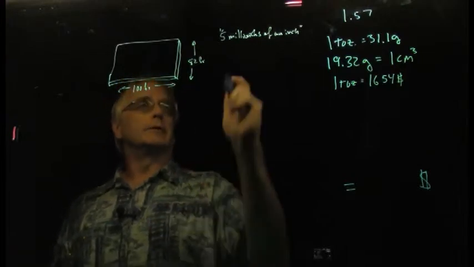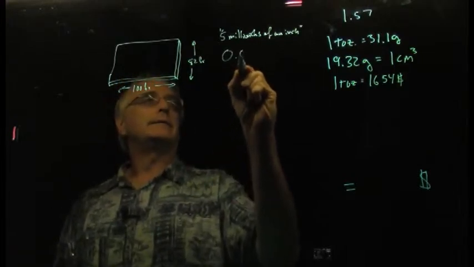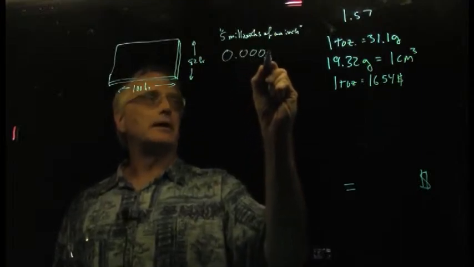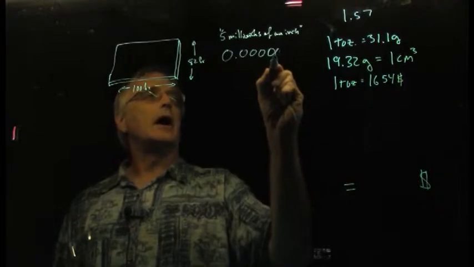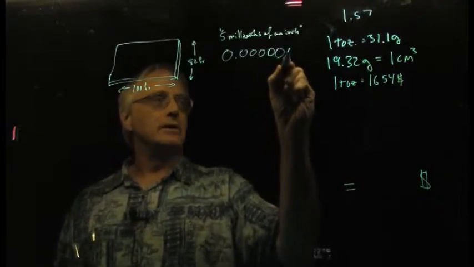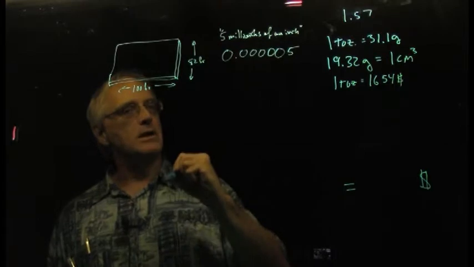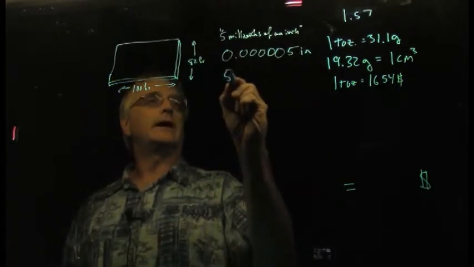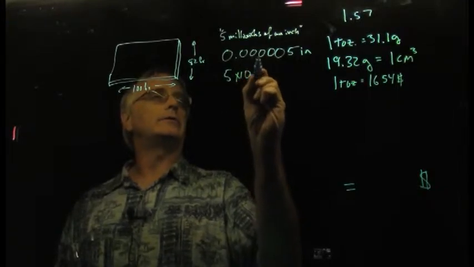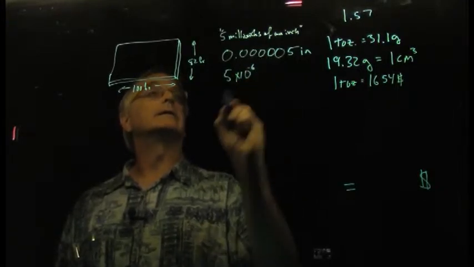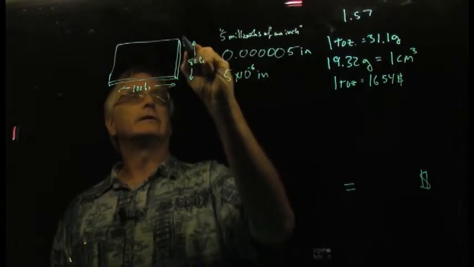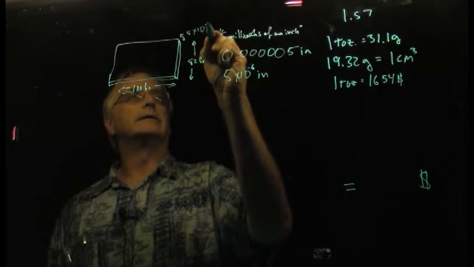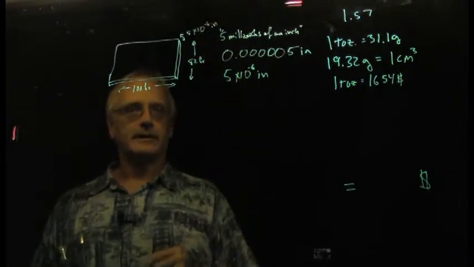But remember, tenths, hundredths, thousandths, 10,000ths, 100,000ths, millionths. 5/millionths of an inch, or 5 times 10 to the 1, 2, 3, 4, 5, 6 to the -6 inches. There's the thickness, 5 times 10 to the -6 inches.